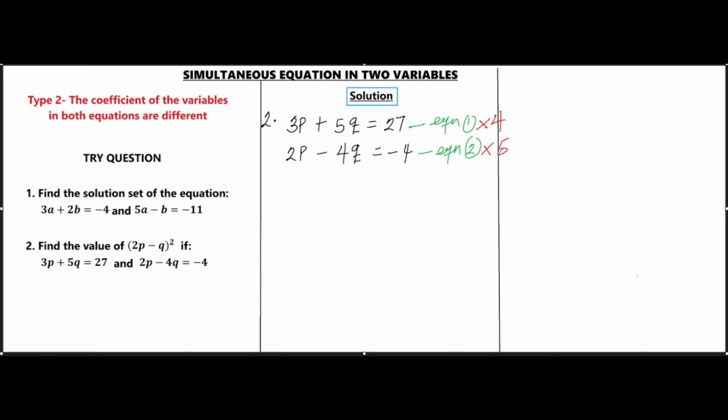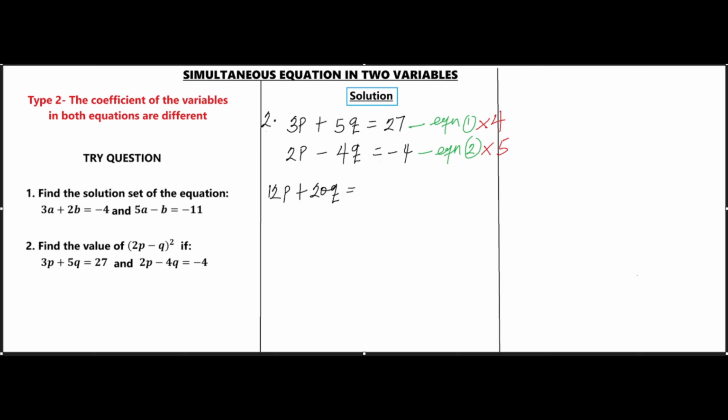So this will give me the different set of equations. So let's generate the first equation. So 3p multiplied by 4, we have 12p. 5q multiplied by 4, we have 20q.